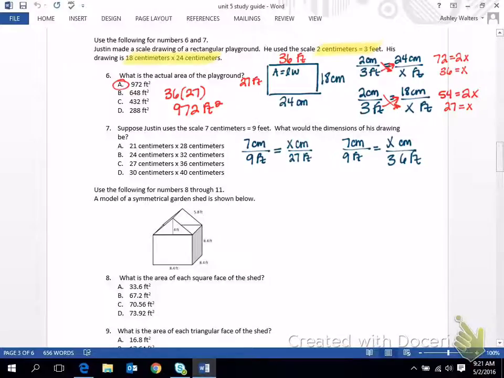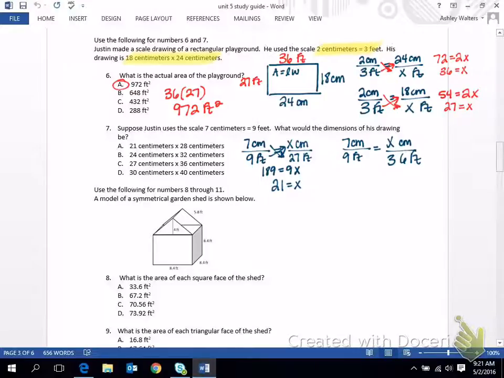So now as we solve this, we would do 7 times 27, which is 189, and that's going to be equal to 9x. 189 divided by 9 leaves us with 21.